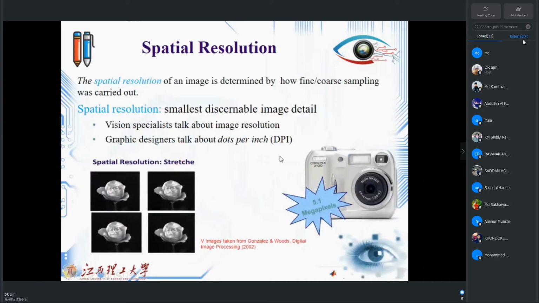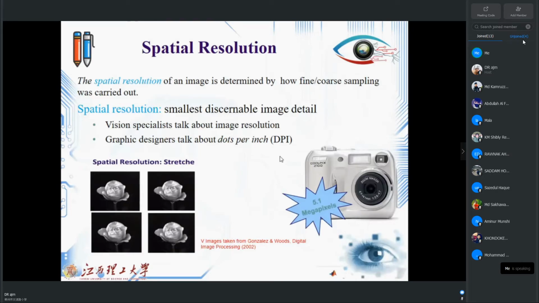More specifically, with spatial sampling we have the spatial resolution, which is determined by how fine or coarse the sampling was. Spatial resolution can be called the smallest discernible image detail, and visual specialists talk more about image resolution.